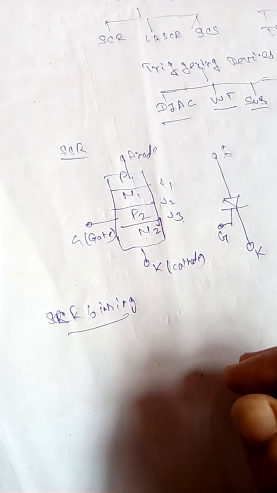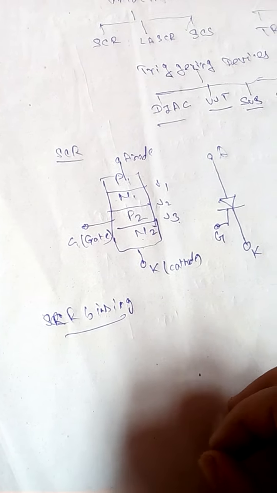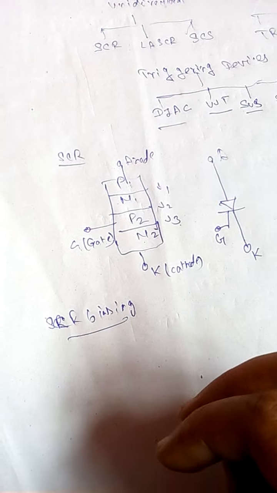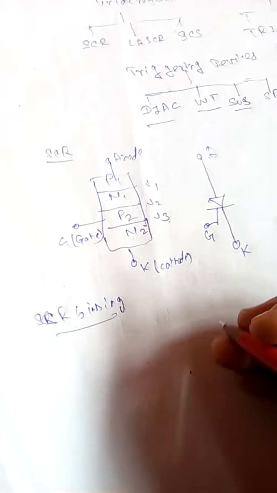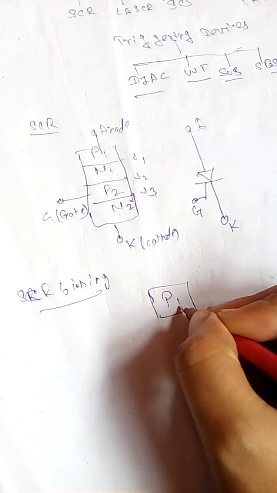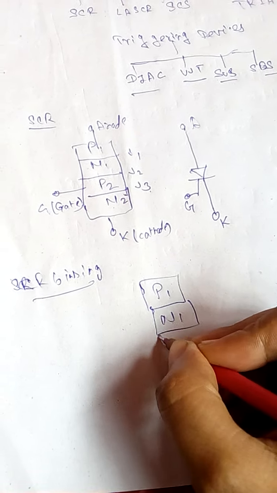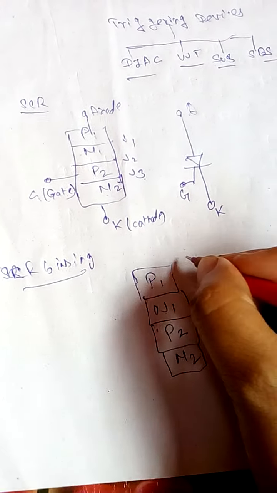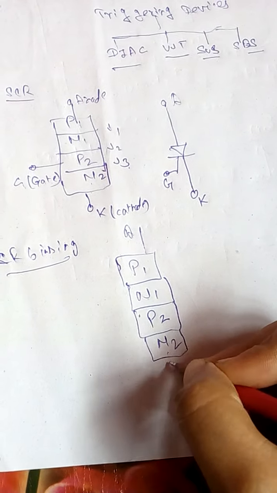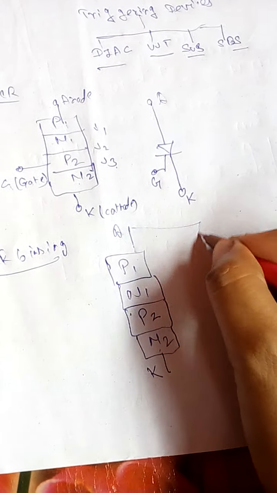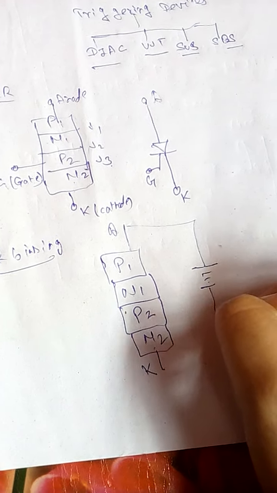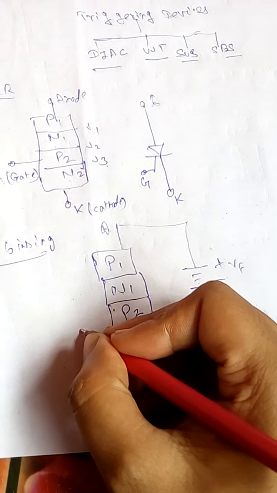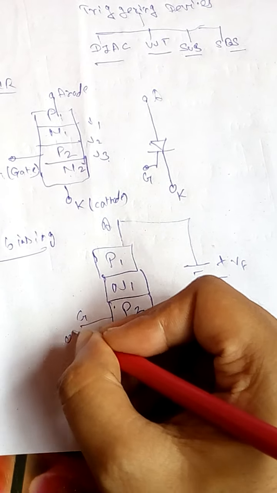SCR can be biased in two modes depending upon the polarity of the applied voltage across the anode and cathode terminals. When the anode is positive with respect to the cathode, the SCR is forward biased. Here we have P1, N1, P2 and N2, with the anode portion at the top and the cathode portion below. Here we apply the positive terminal, here the negative terminal, and the gate is open.